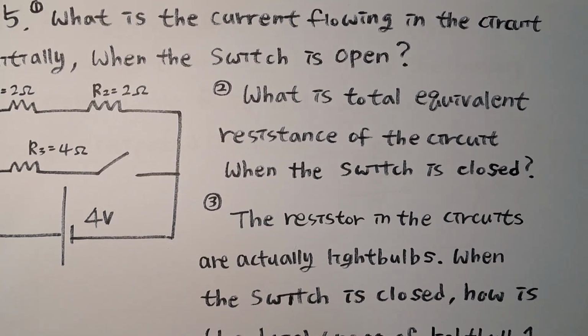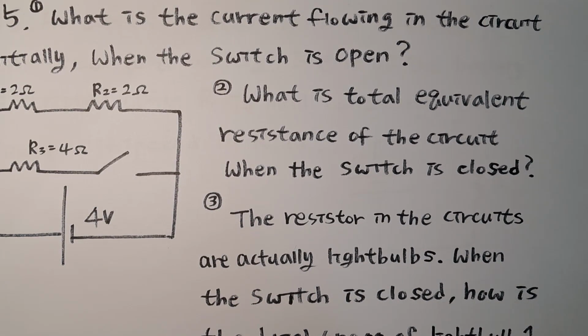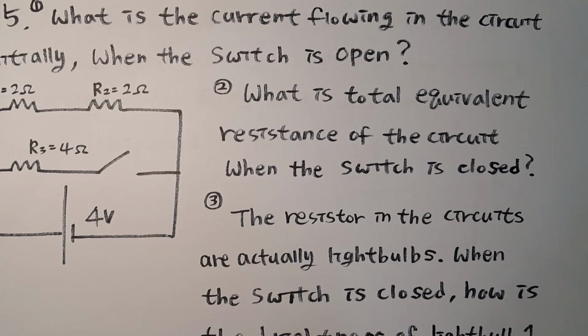What's the current flowing in the circuit initially when the switch is open? What's the total equivalent resistance of the circuit when the switch is closed? The resistors in the circuit are actually light bulbs. When the switch is closed, how is the brightness of light bulb 1 affected?